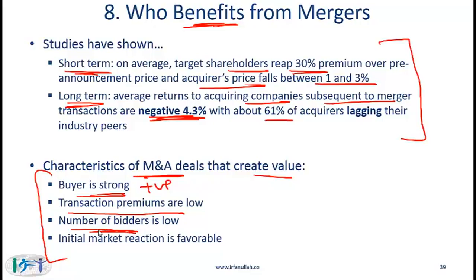Then the chance of a price war exists, and if a price war is happening, then the premiums will be high. Is this good for someone? It's very good for the target, not so good for the acquirer. Also, if you are an analyst, you should look at the market reaction. If the initial market reaction is favorable, that's a positive sign. Otherwise, it's a negative sign.